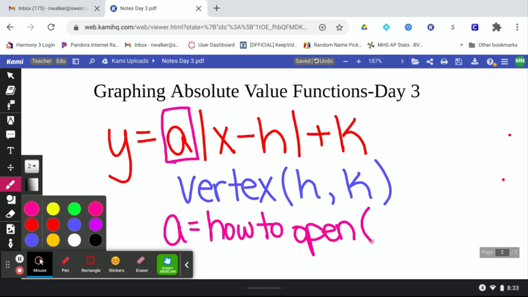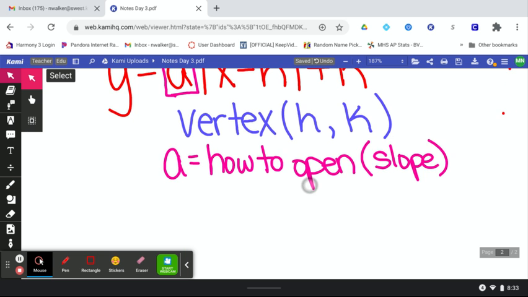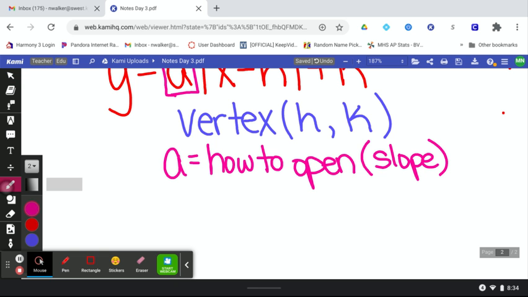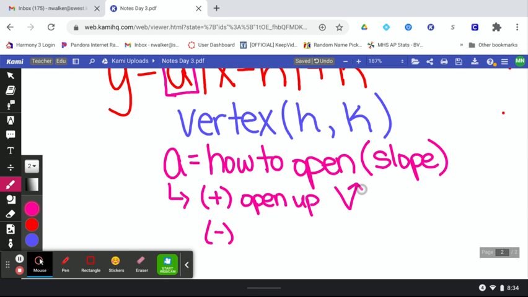So if you want to think of this as slope, that is fine. Now, if A is positive, it's going to open up. Open up just means it points upward. If it's negative, it means it will open down.